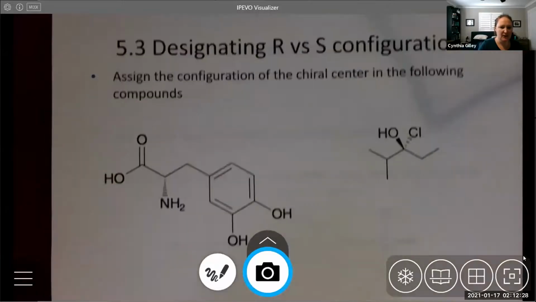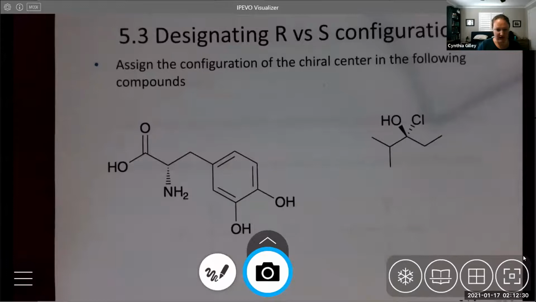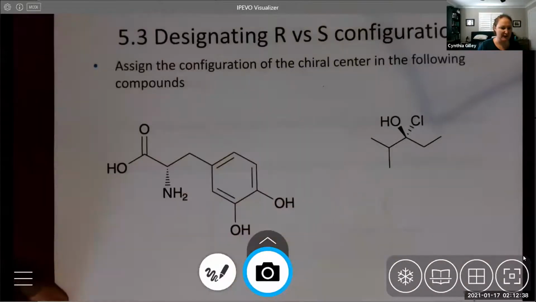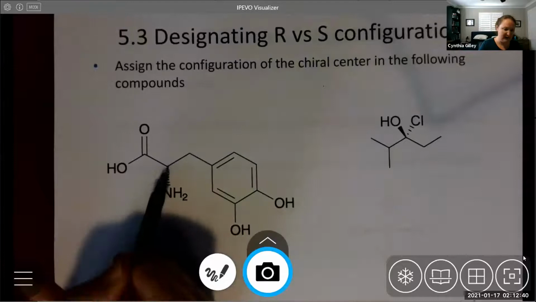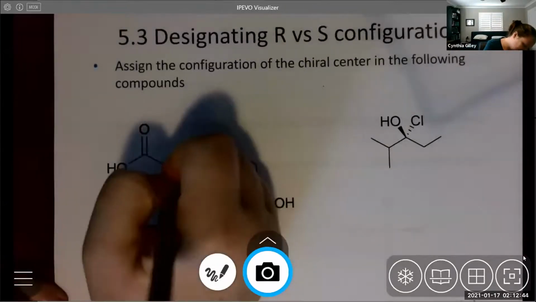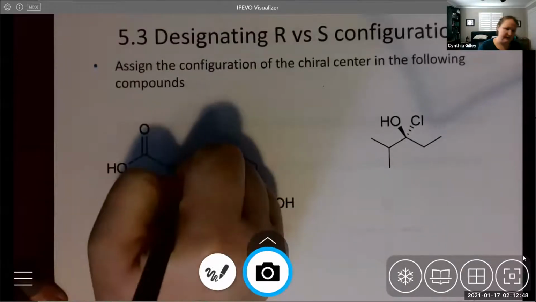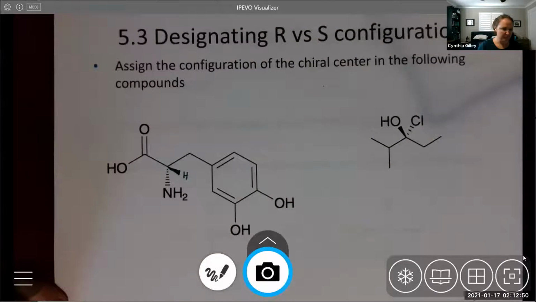Okay, so when we are designating the R and S configuration, the first thing I like to do is draw in all of the groups that are at the chiral center. So this is a chiral center. And what we see is 3 groups, but we also have a hydrogen that's coming out at us, right, that we need to consider.